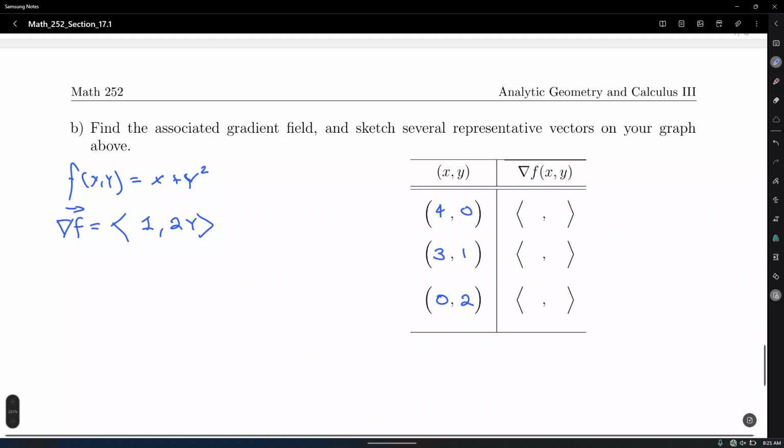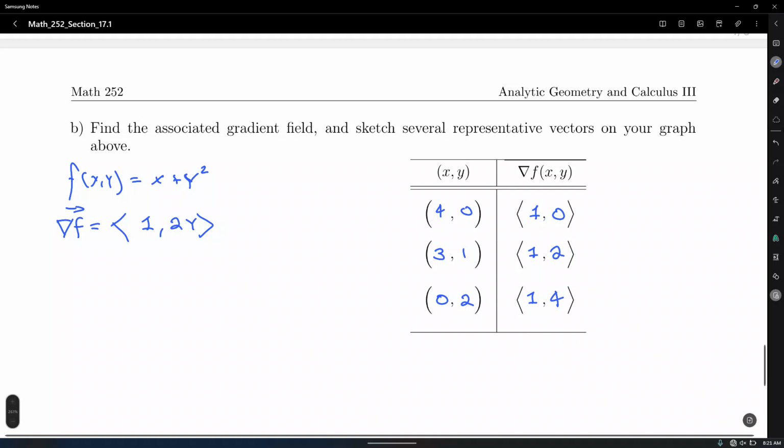Notice this vector field has a constant x component. It's 1 for all of them. For the y components, we multiply the y coordinate by 2. So 0 times 2 is 0, 1 times 2 equals 2, and 2 times 2 equals 4.